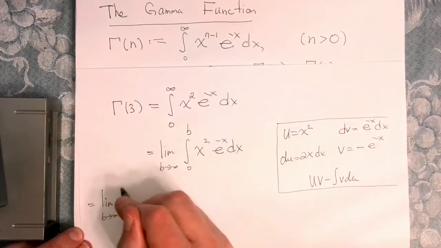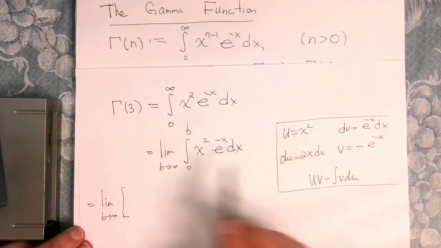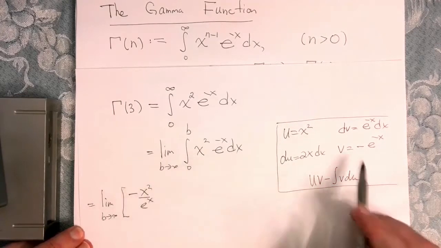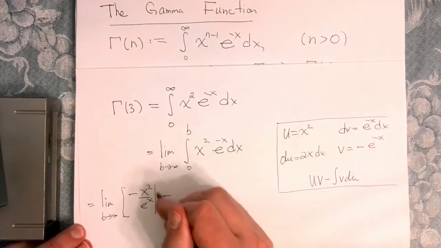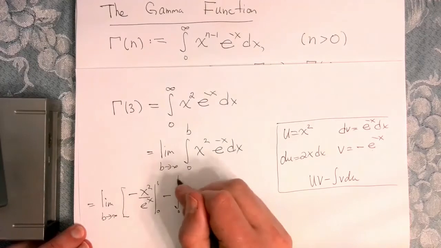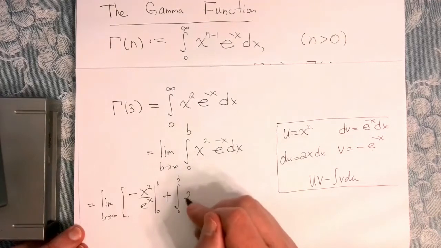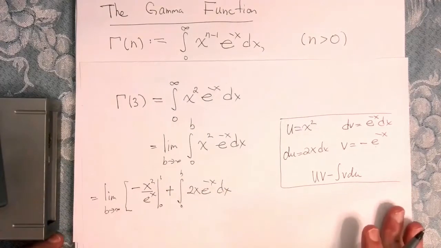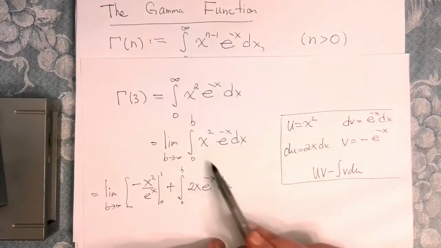We're going to notice something. So u times v, I'm going to write it like this, of course, with an evaluation bar, minus the integral of v du. So v du plus 2x e to the minus x dx. And you're noticing we still have a product of functions, right? So we're going to try integration by parts one more time for this.